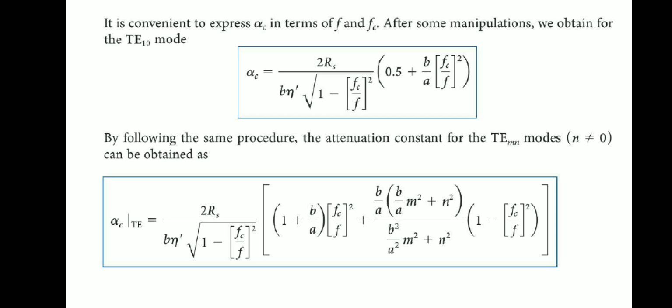For modes other than TE10, for the TEmn mode, we can use this expression to find alpha c: 2Rs divided by b eta dash root of 1 minus (fc by f) whole square, into 1 plus b by a (fc by f) whole square plus b by a into (b by a m square plus n square) divided by (b square by a square m square plus n square) into 1 minus (fc by f) whole square. So that is the TE mode equation.